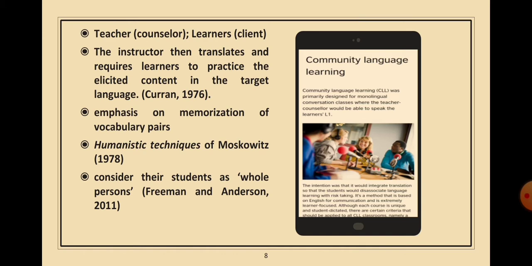So the teacher will give much assistance and support to the learners. Basically, the teacher should be understanding. So the teacher will understand the students and will give assistance and support to the students.